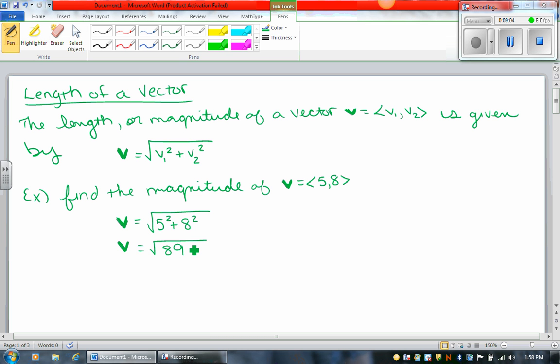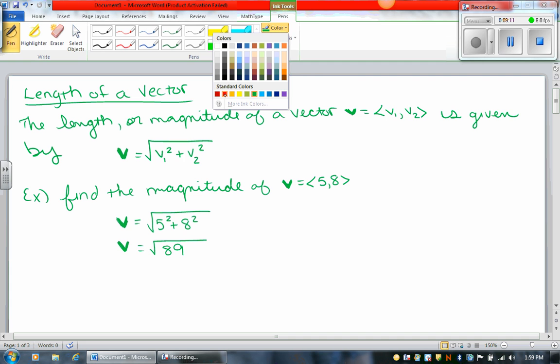Two vectors are equivalent if they have the same magnitude and the same direction. So that's very important, okay?